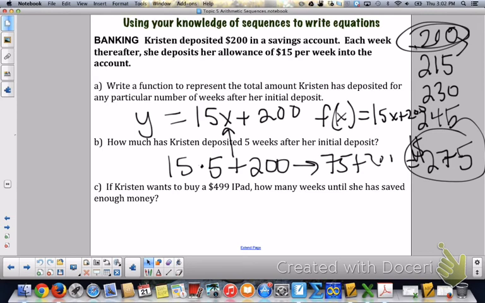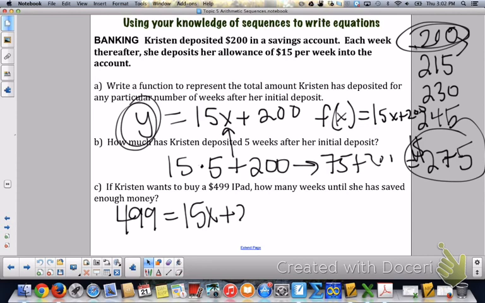Okay. If Kristen wants to buy a $499 iPad, how many weeks until she has saved enough money? Well, this is how much money she has in her account. So that's where the $499 goes, equals 15x plus 200, and now we solve. We minus the 200, minus 200.